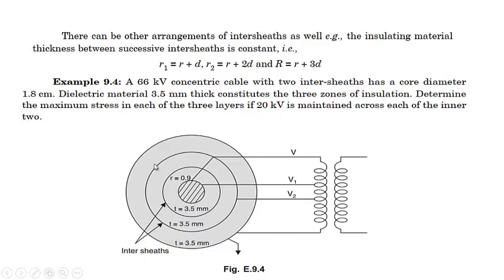two. That means V minus V1 is equal to 20 kV, and V1 minus V2 is equal to 20 kV. Here this connection is up to this only, this V1 is not connected to this. V is connected to this conductor, it is at the potential of the conductor, but V1 is connected over here and V2 is exactly connected here, and this is the ground potential that is shown here.